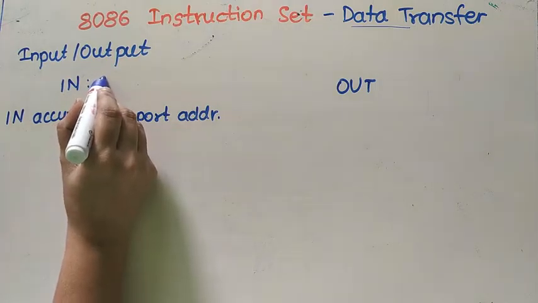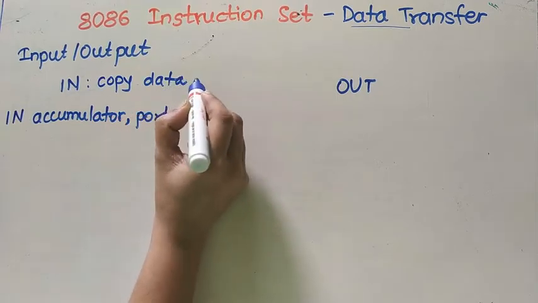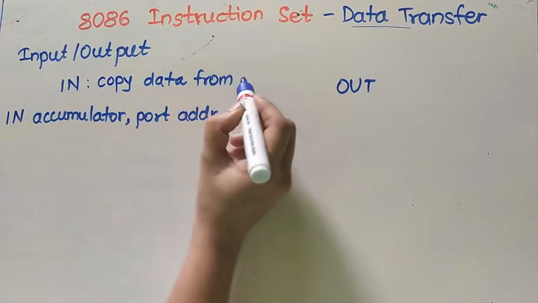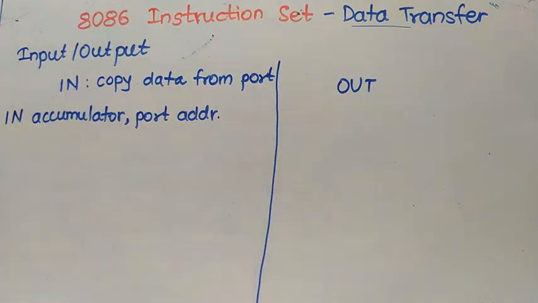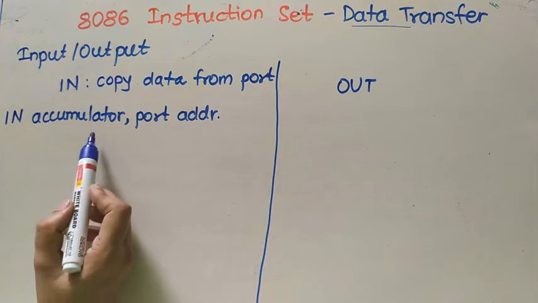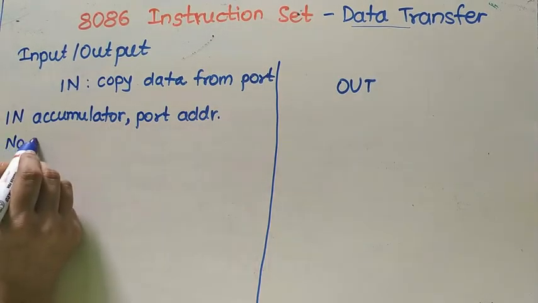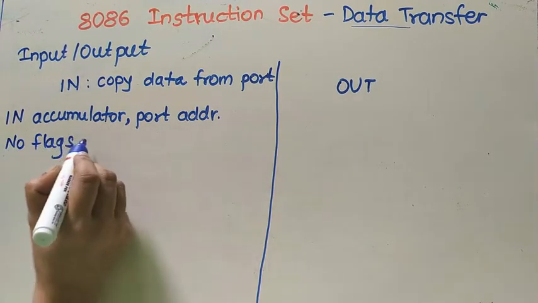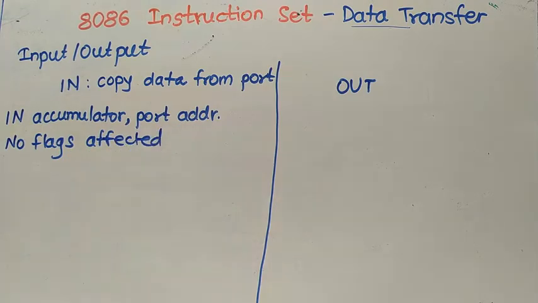So, this instruction copies data from a port. The mnemonic is IN accumulator, comma, port address. No flags are affected with the help of this IN instruction.